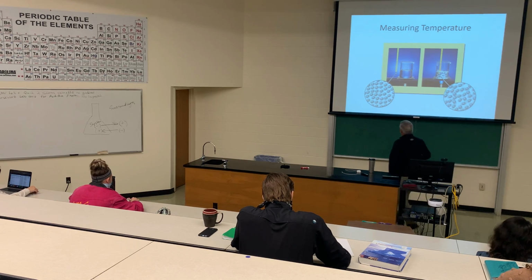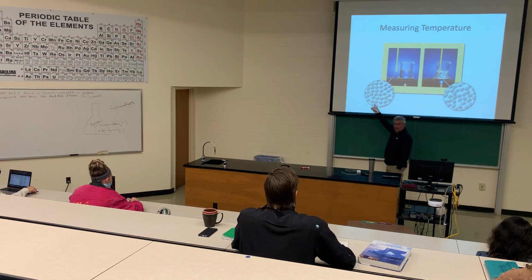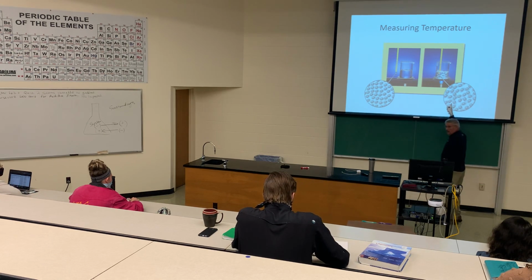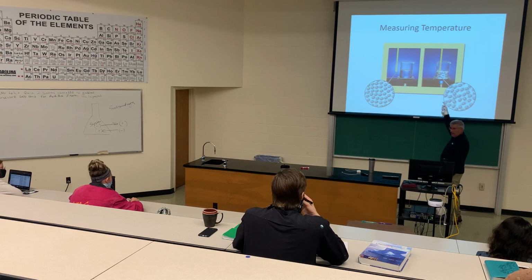I look at it, your cold object would have less motion than your hot object, as we were describing. And so the hot object would have more motion, and it would go to the colder object.